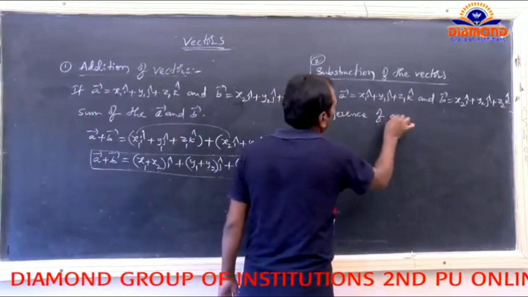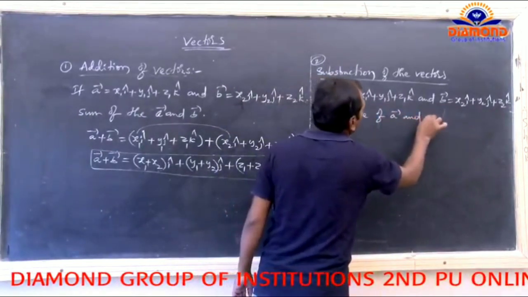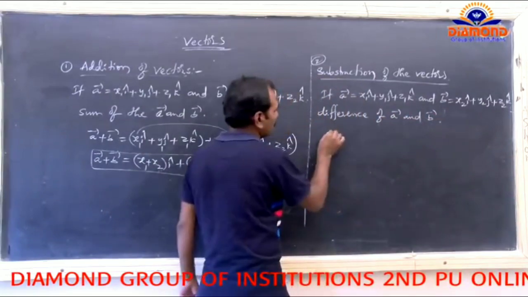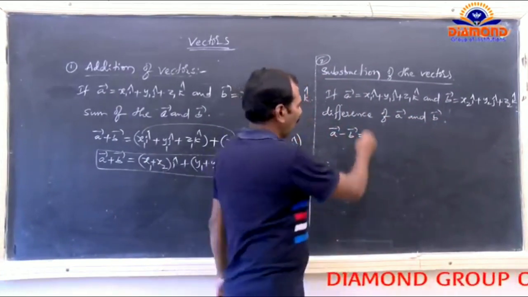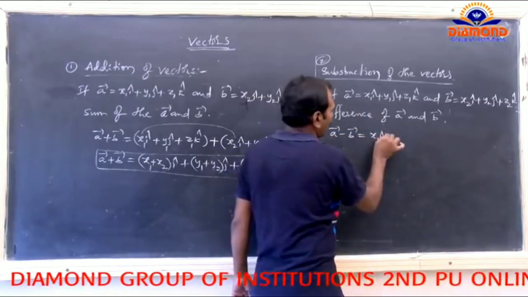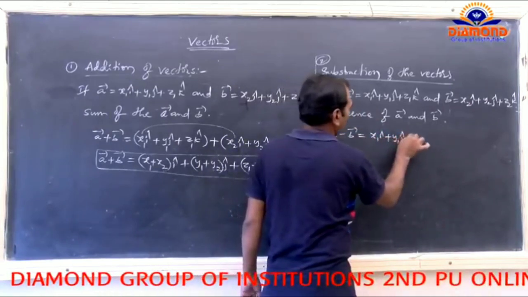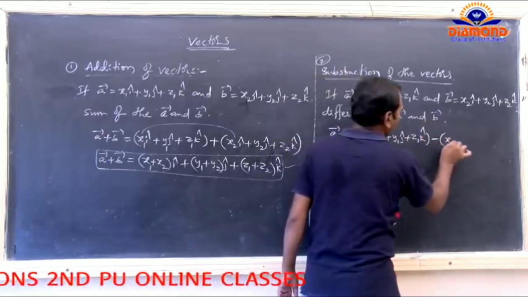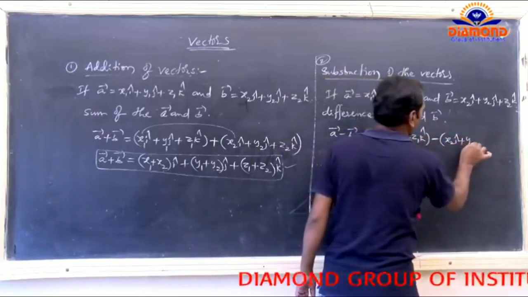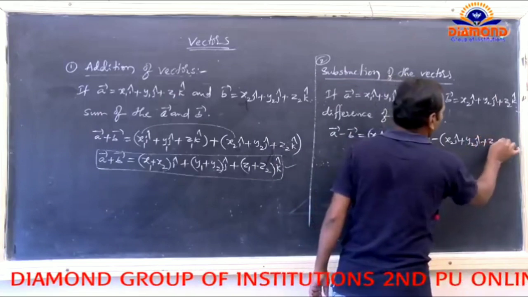The difference of A bar and B bar, A bar minus B bar, equal to x1 i cap plus y1 j cap plus z1 k cap minus x2 i cap plus y2 j cap plus z2 k cap.